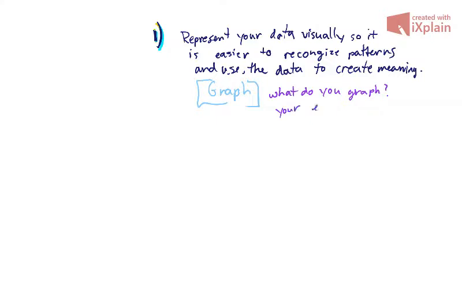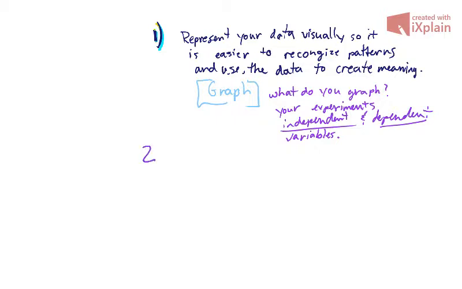Your experiment's independent and dependent variables. So once you make a graph, I mean, all you've done was you've put points on a paper.